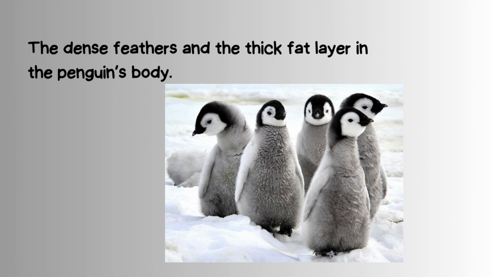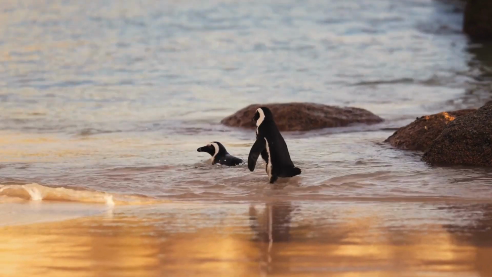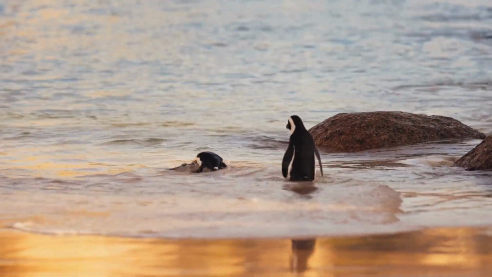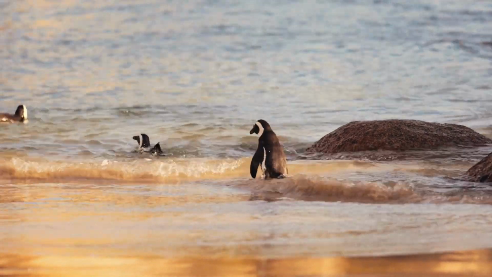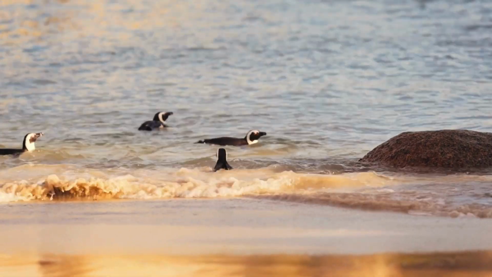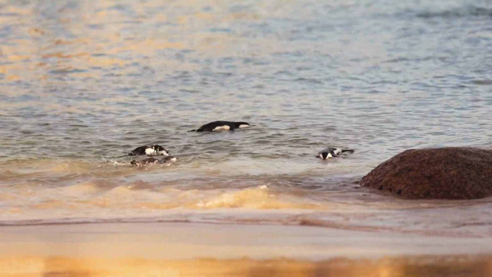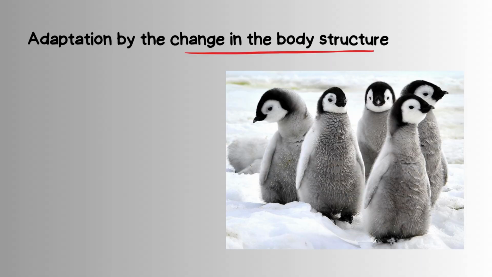These dense feathers and the thick fat layer help the penguin to adapt to its environment, which is the polar region, in the Antarctica. So here the change that makes the penguin able to live in this polar region is the dense feathers and the thick layer of fat in its body. So this is a body structure. The change is in the body structure.